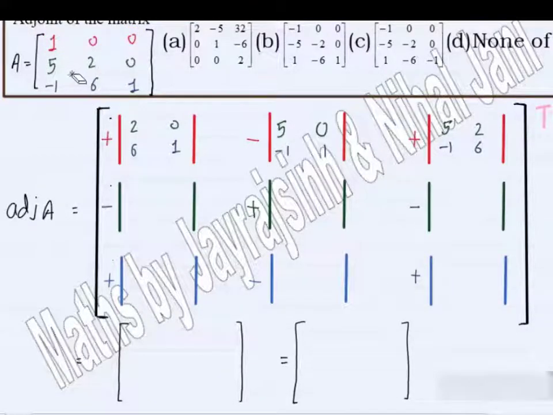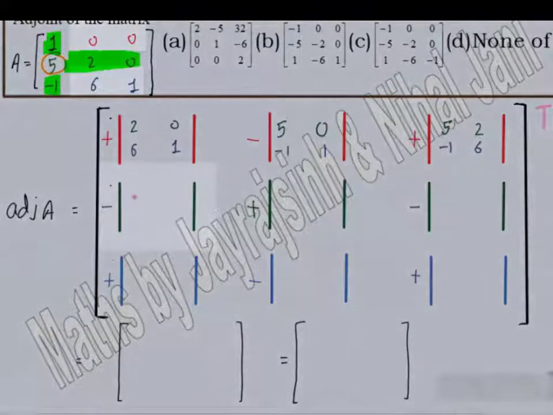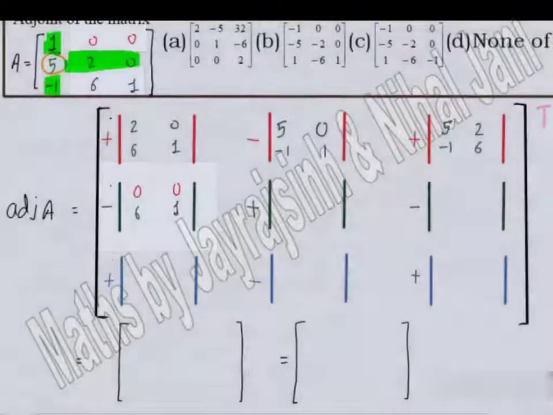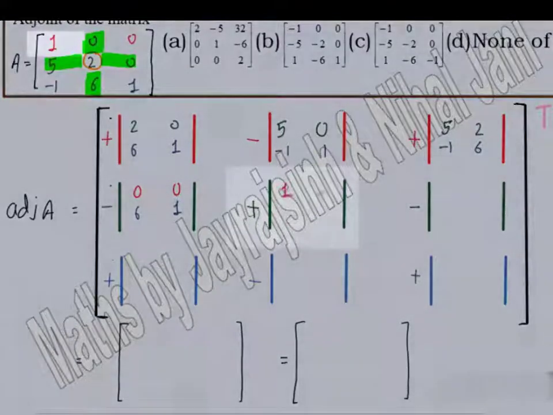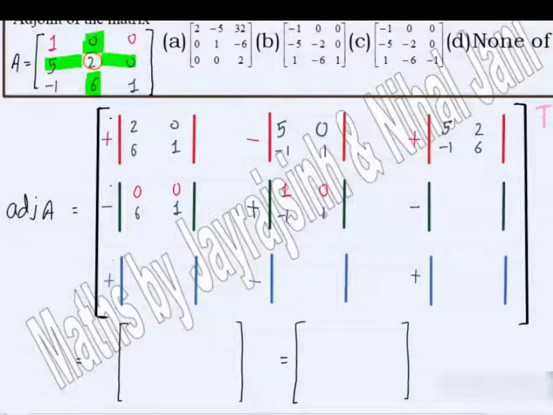Now let's get to the second row. First element, the cofactor of 5, by ignoring the second row and first column. So here we'll get 0, 0 and 6, 1. Now the next element is 2, and we have to ignore the second row, second column. So here we'll get 1, 0 and minus 1, 1.